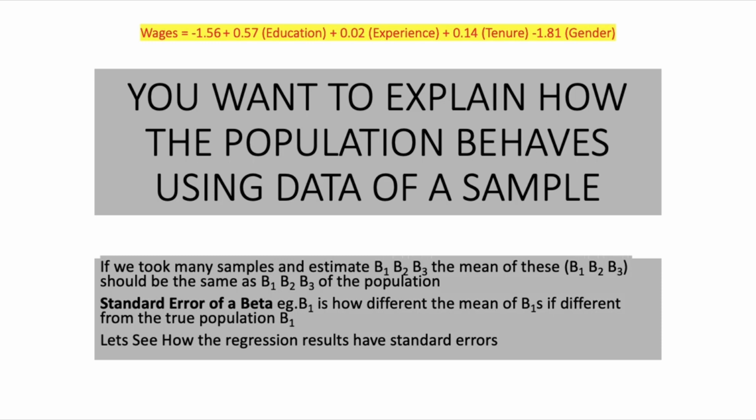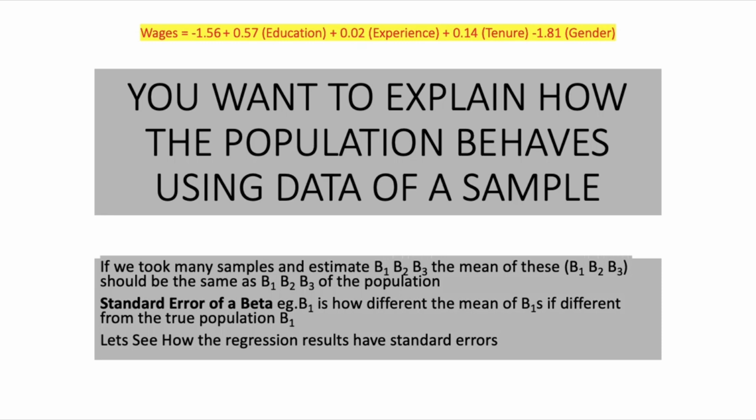In order to do that, if you were to take many samples and calculate beta 1, beta 2, beta 3 and beta 4, on average we want the betas that we get to be equal to the betas of the population. If we can do that, then we say that our estimate is an unbiased estimate.